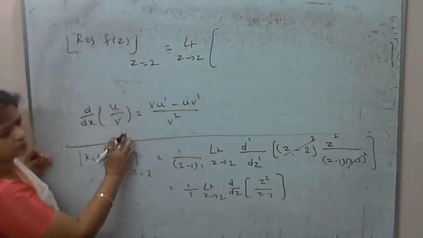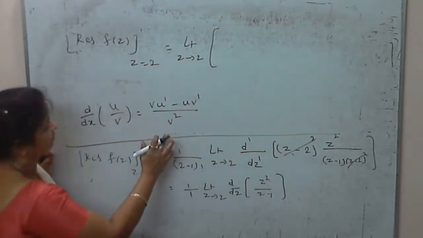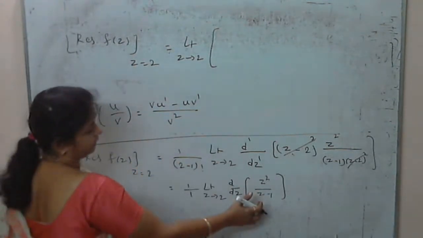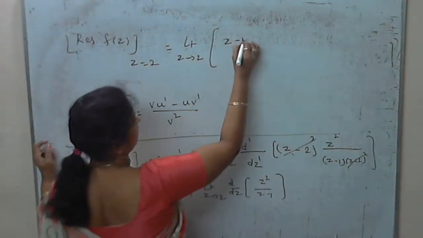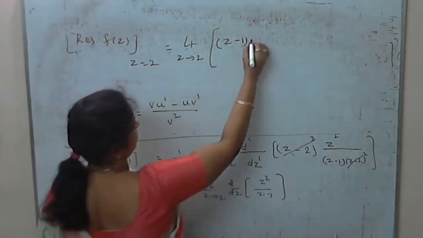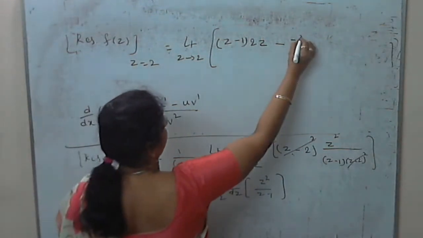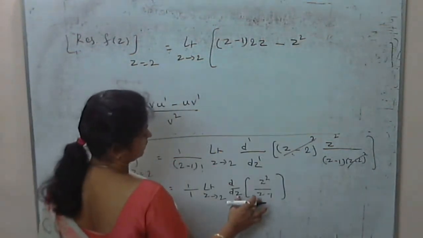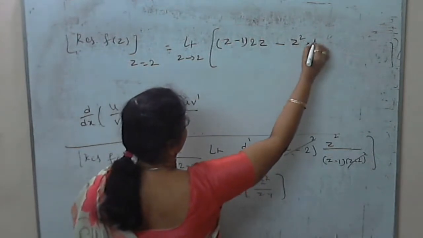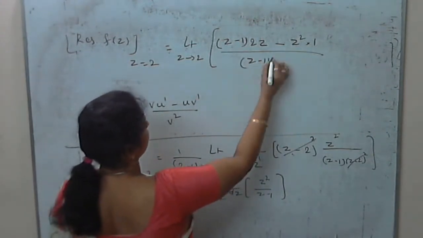What is v here? z minus 1 into u dash, the differentiation of z square, 2z, minus u, z square, into v dash, the differentiation of z minus 1, by v square, z minus 1 whole square.